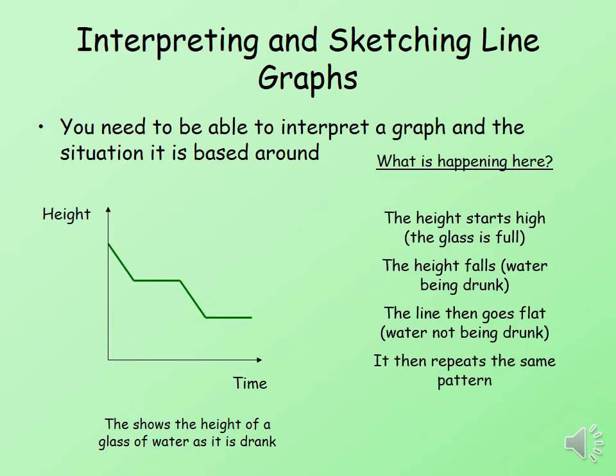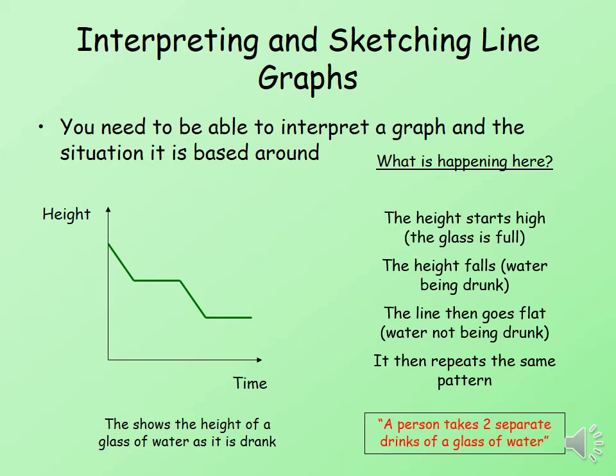It then repeats the pattern, so it's happening twice. So this graph shows that a person takes two separate, well, I should say sips, of water from this glass. So a person takes two separate drinks of a glass of water.